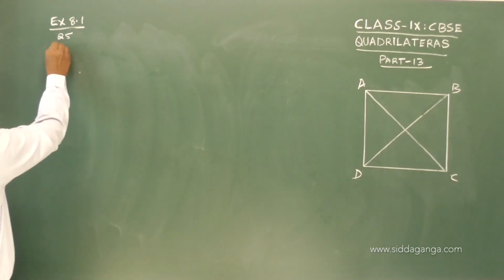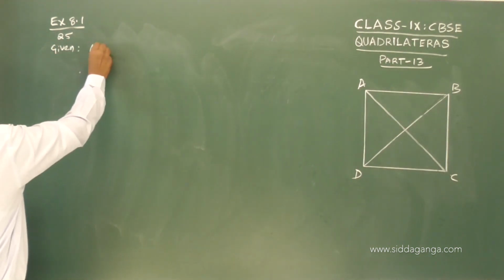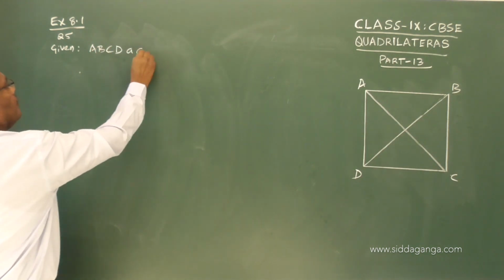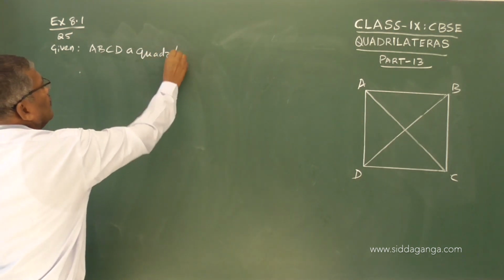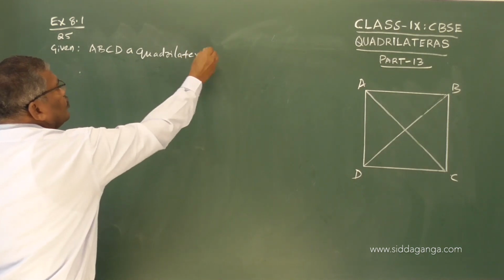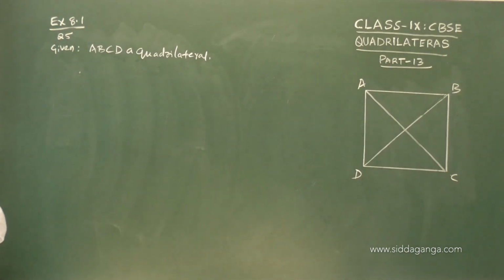Given: ABCD a quadrilateral. They do not say it is a square, we have to prove that it is a square.